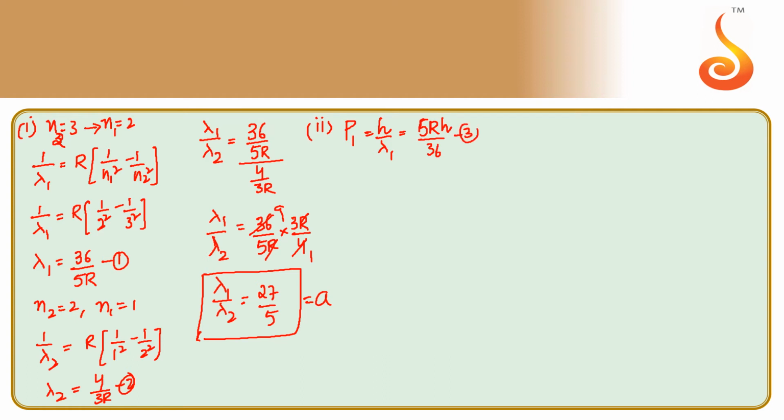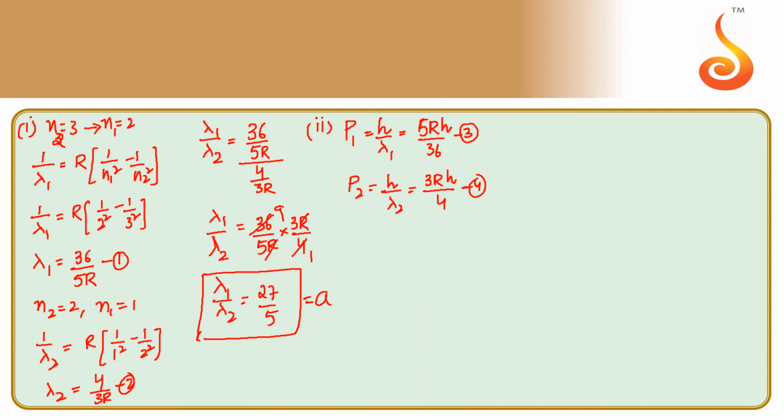That would be equation 3. And what about the second momentum? In the second case, h by lambda 2. We know lambda 2 is 4 by 3R, so we get 3Rh by 4.